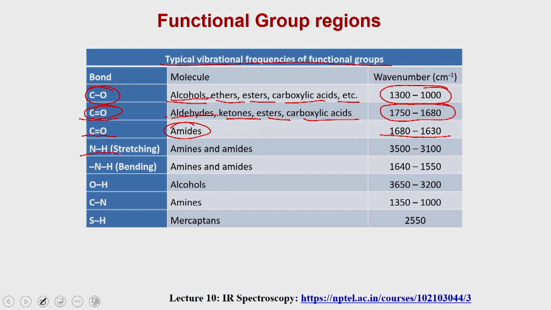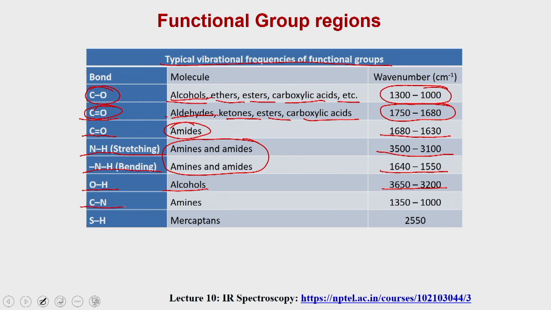Then you have the N-H stretching or N-H bending. Both are present in amines or amides, and they absorb in the range of 3500 to 3100 or 1640 to 1550. Then you have the O-H present in alcohols, which absorbs in the range of 3650 to 3200.